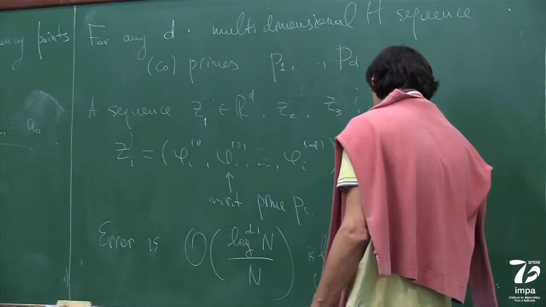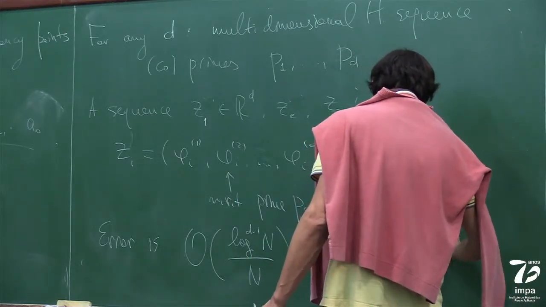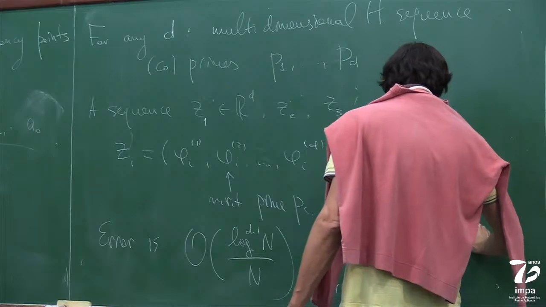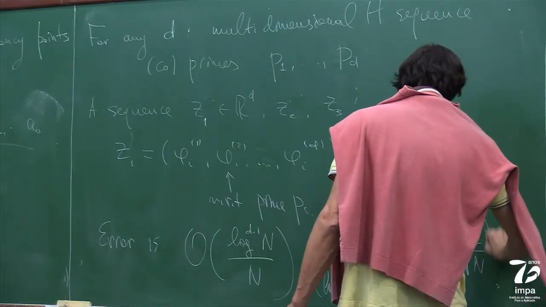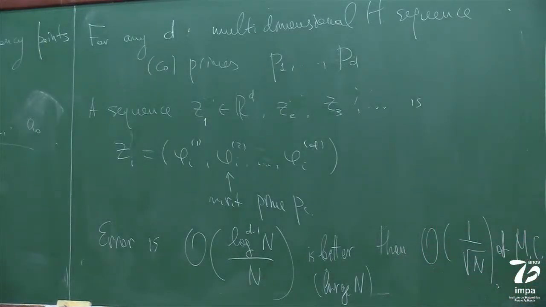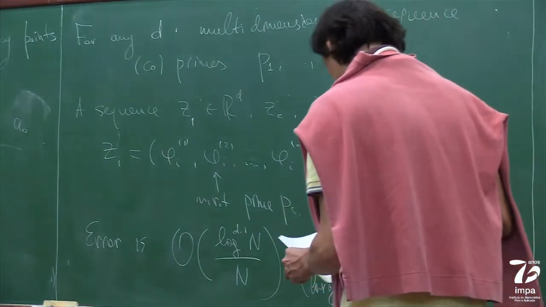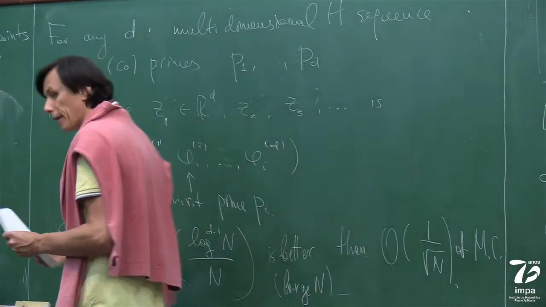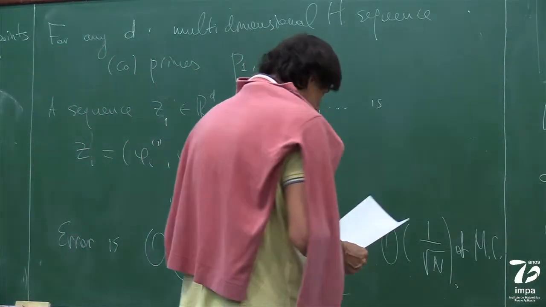It's better than 1 over square root of n of Monte Carlo, and it's certainly better than the uniform lattice for large dimension. So this is how you compute high-dimensional integrals.